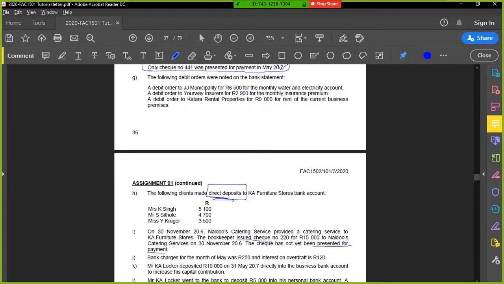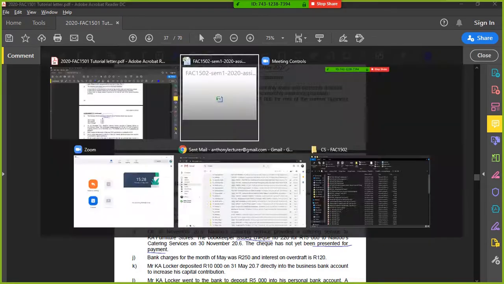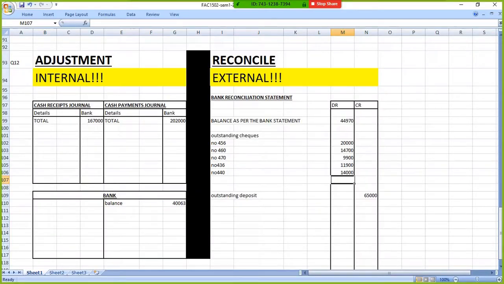Good. The following debit orders were noted on the bank. Debit order, JJ Municipality, 6.5 for water and electricity. These were debit orders on the bank statement. Adjust or reconcile? Adjust. Water and electricity, payment or receipts? Payment.